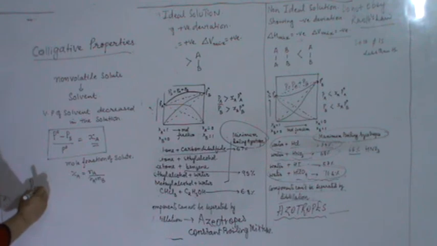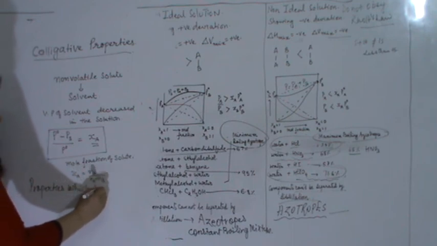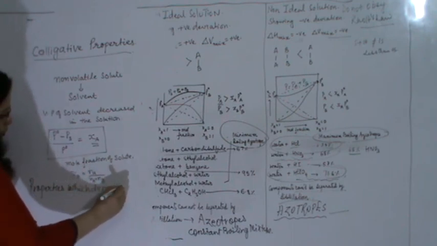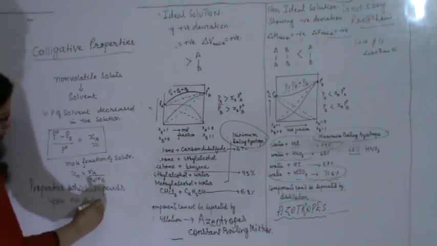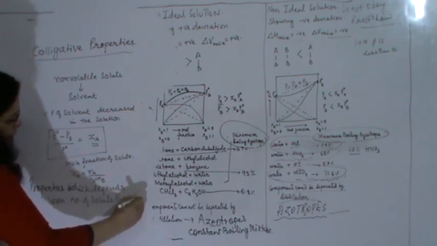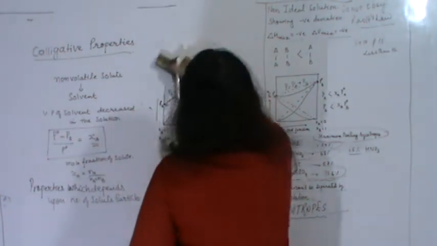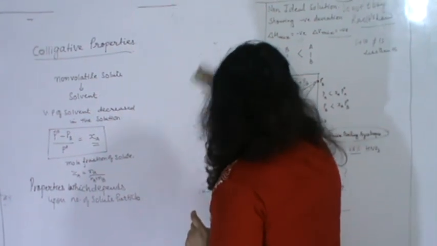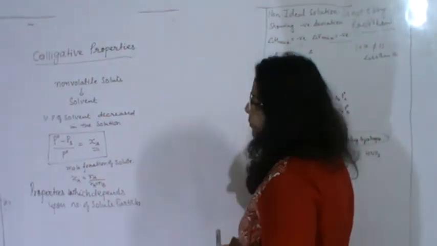The properties of a solution which depends upon number of solute particles. They are called colligative properties, and we have 4 colligative properties of a solution that we will discuss one by one. Do you understand what is colligative property?